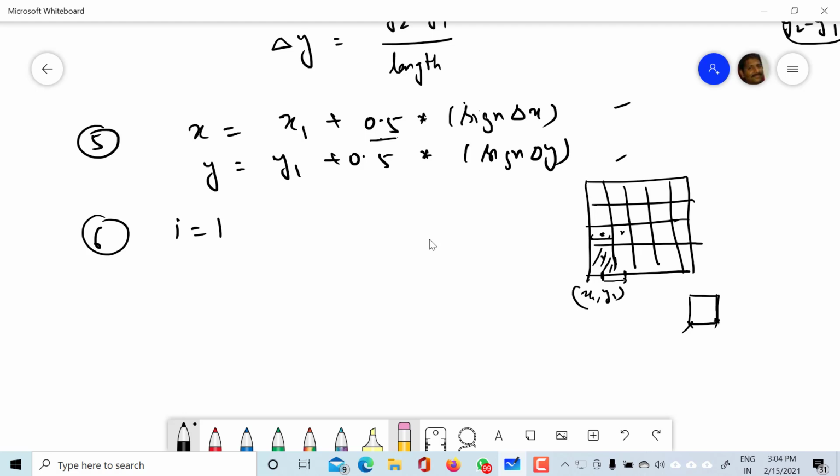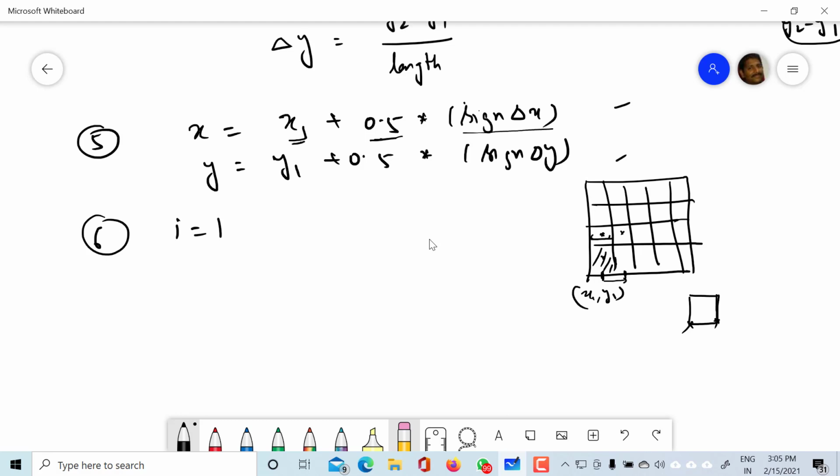Here the value of delta x is increasing by 1, and distance is measured between two pixels from its midpoint. This is the previous value of x, and by knowing the previous value of x you can know the next value of x, because you have taken the x axis as the base axis, therefore its step will be 1.